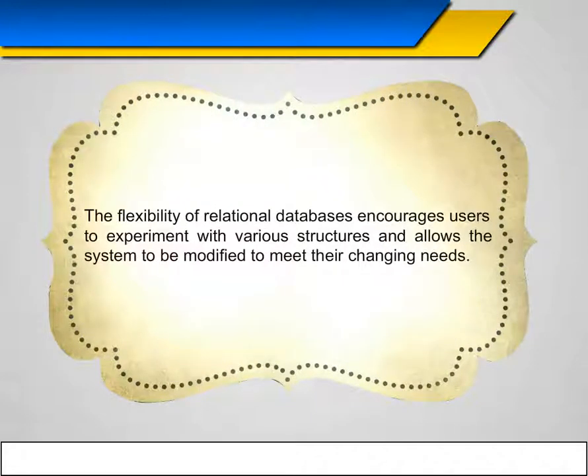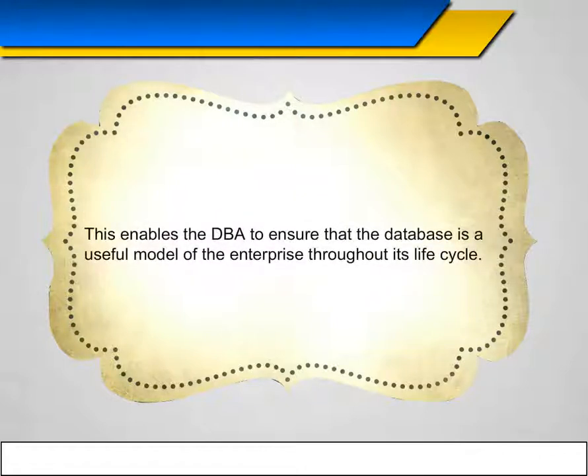The flexibility of relational databases encourages users to experiment with various structures and allows the system to be modified to meet their changing needs. This enables the DBA to ensure that the database is a useful model of the enterprise throughout its lifecycle.